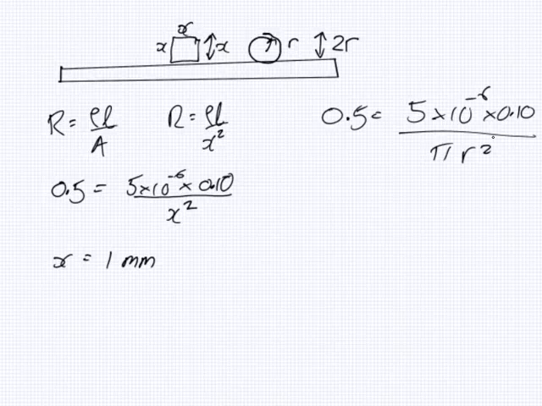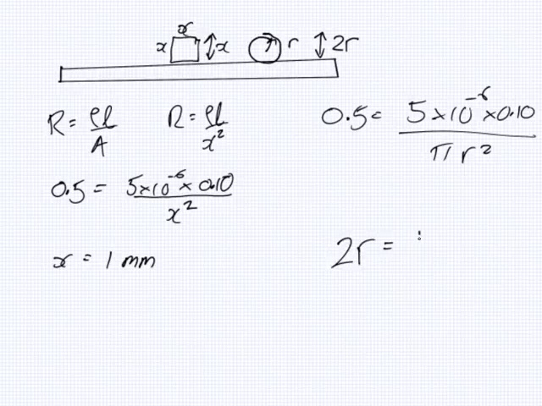So the answer is D, the diameter of the paper. I'm just seeing what that would be. And if you were to do it this way, you would get 2r equals 1.13 millimeters.